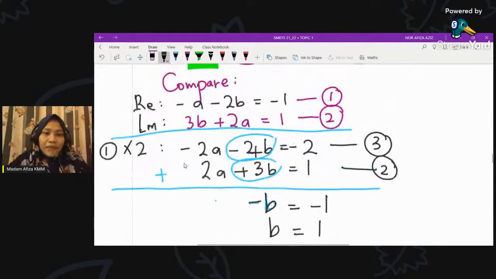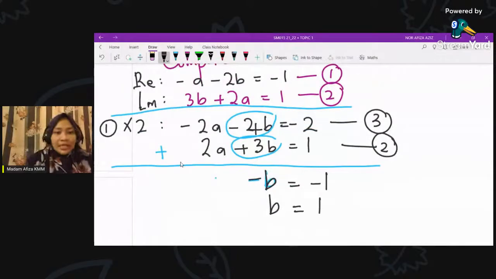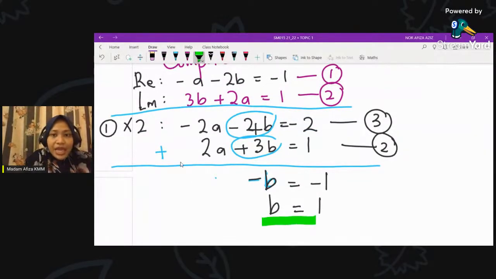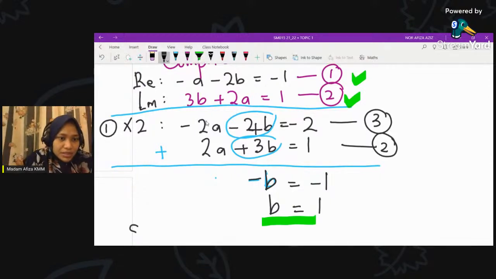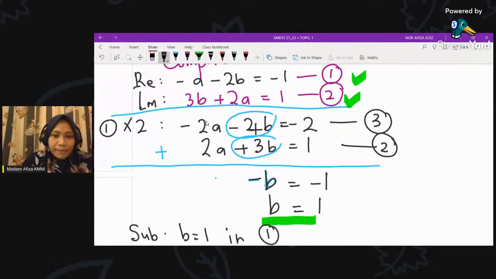Okay, so now we have B equals to 1. You can substitute this value in any of equation 1 or 2. Katakan madam nak ganti dalam equation number 1. So I write down, sub B equals to 1 in equation 1.